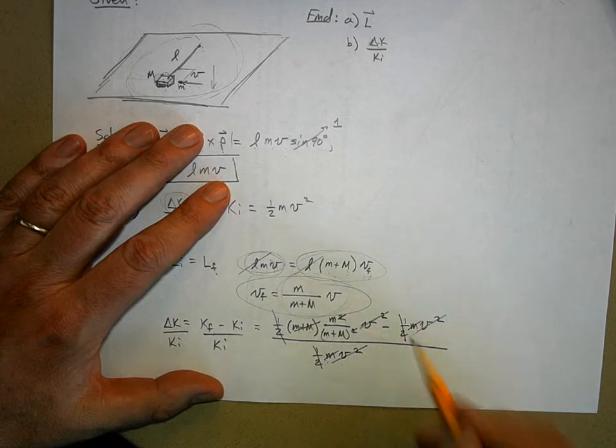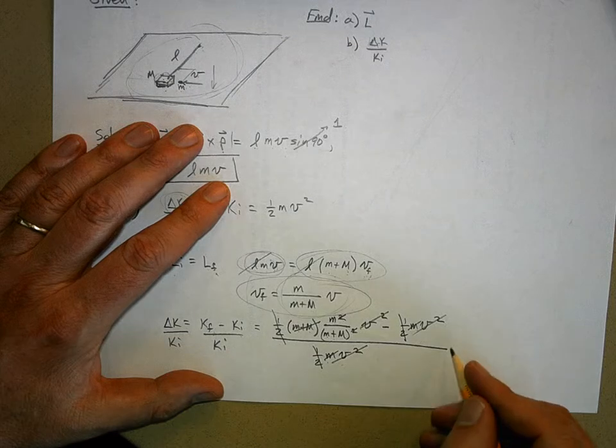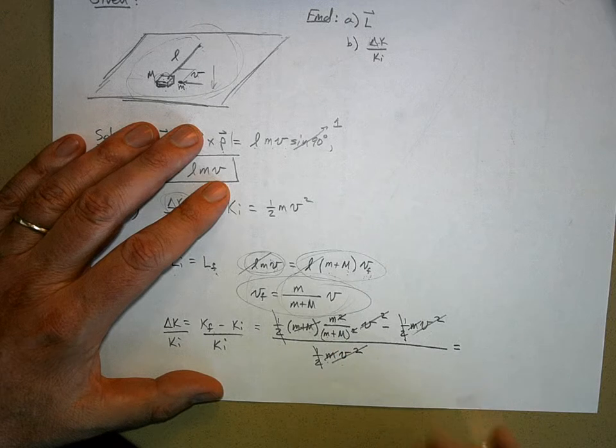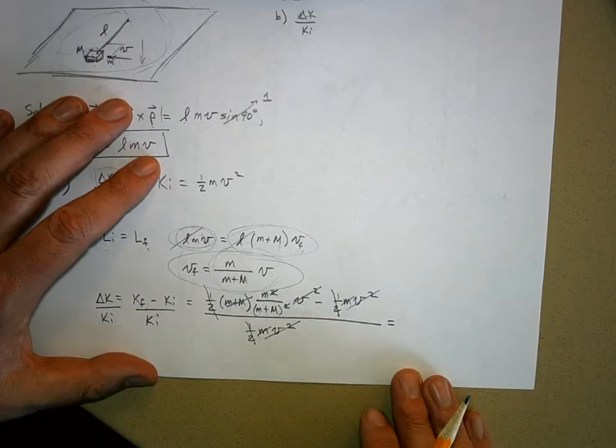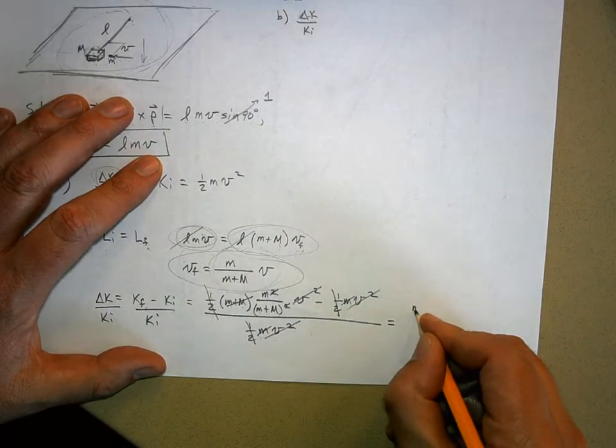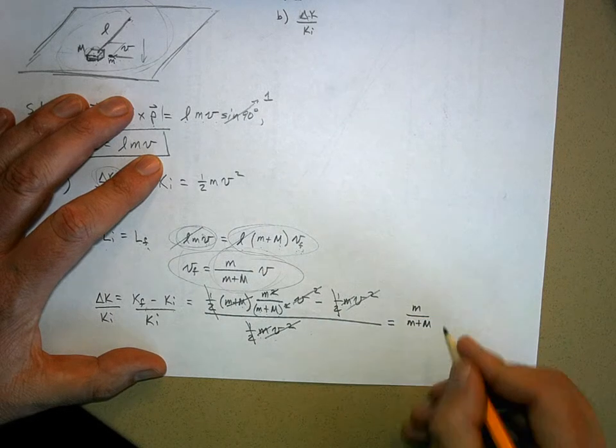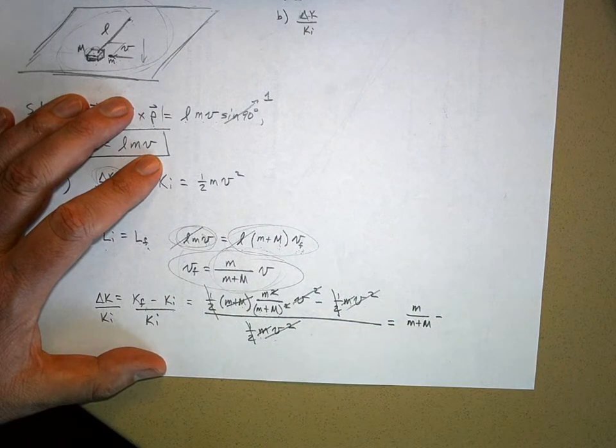Oh my goodness. So what have I got left? I got m over m plus M, minus what? Do I got room on my paper? Yeah, I do.